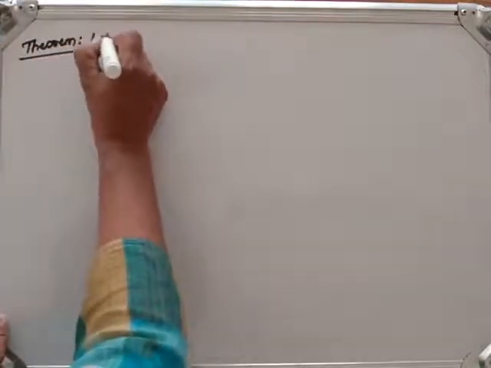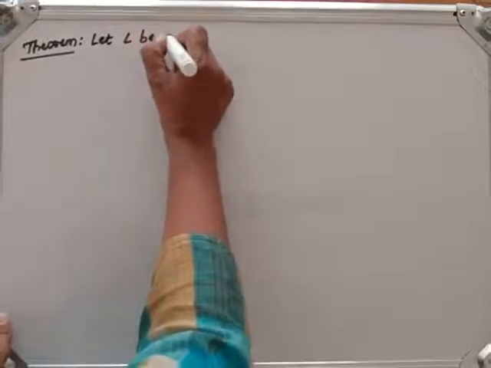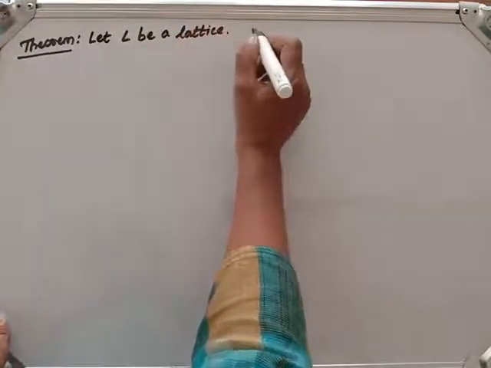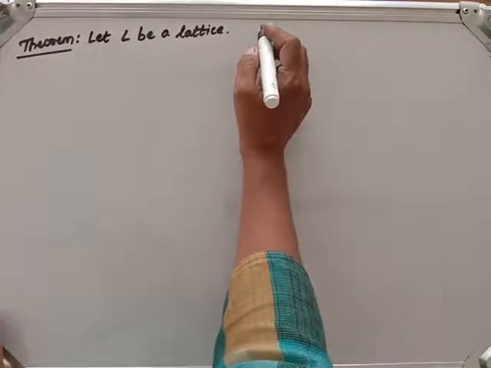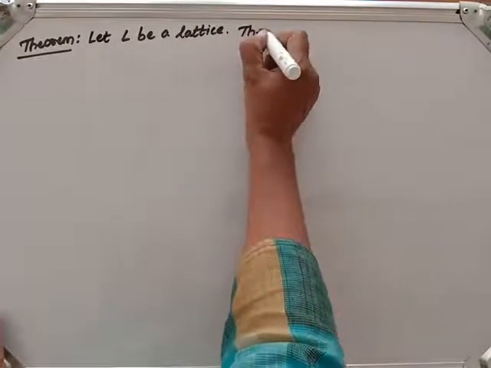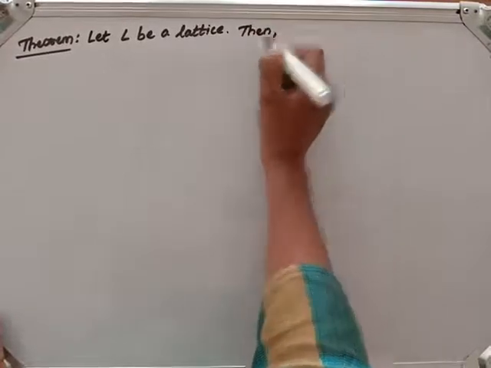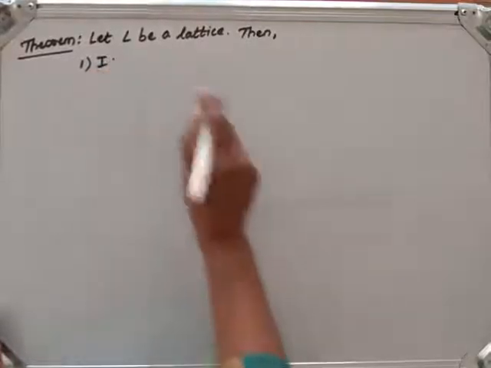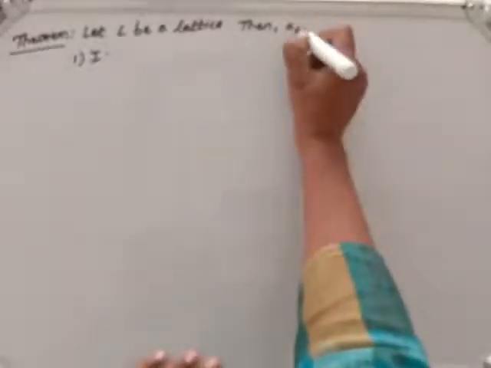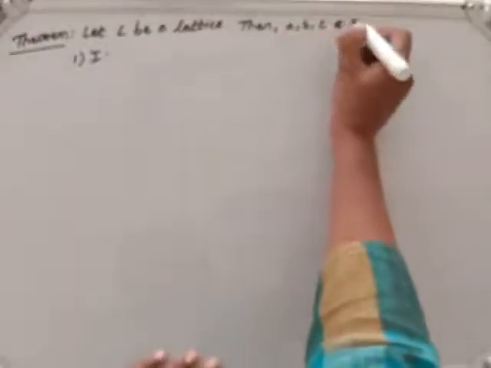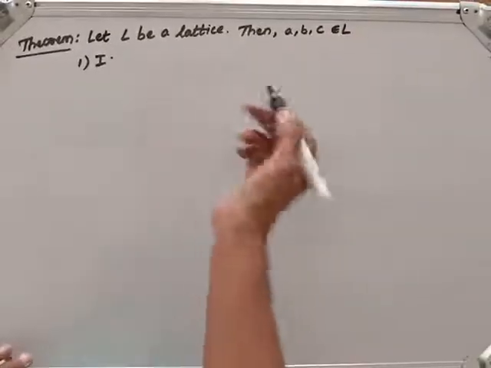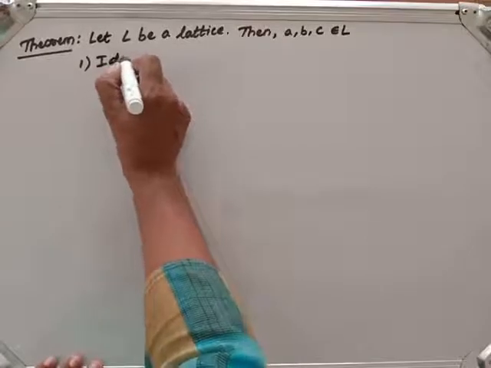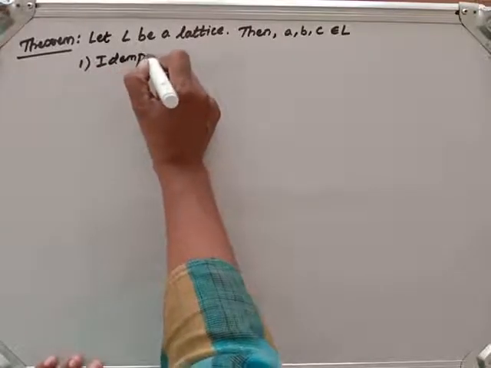Let L be a lattice. Then, A, B, C belong to L. Then the first one, the idempotent laws.